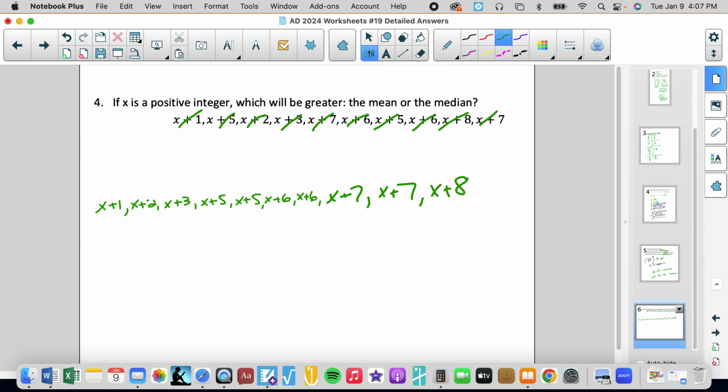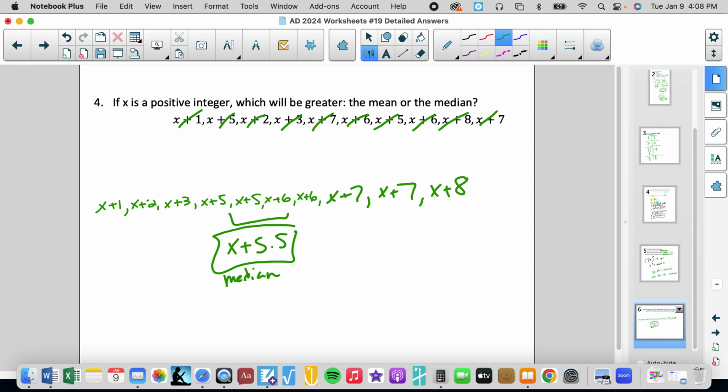So the median, the middle, is going to be the 5th and 6th values out of 10, so x plus 5.5 would be the median.